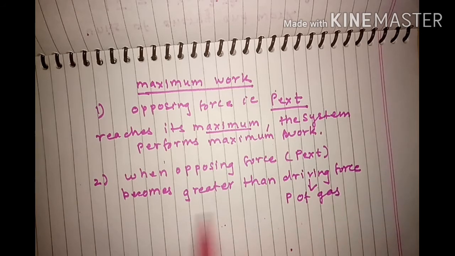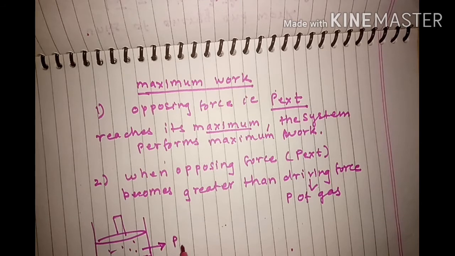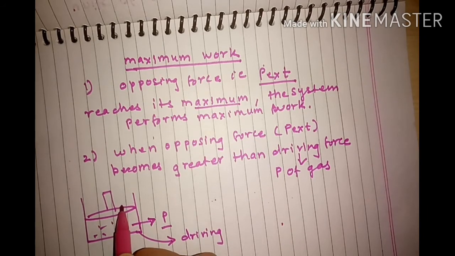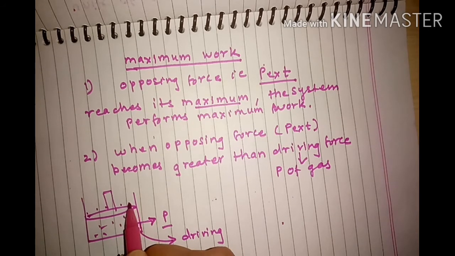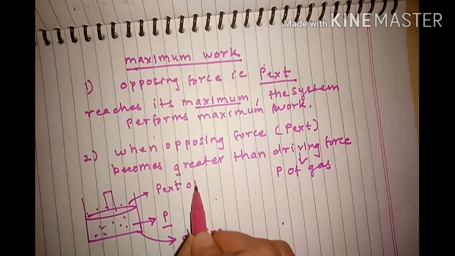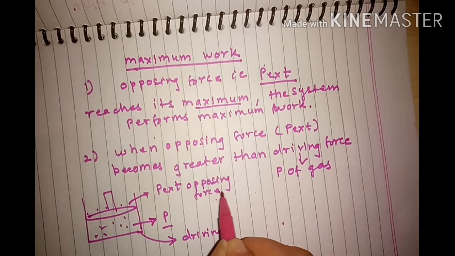If you take a container with a sample of gas and it is fitted with a piston, this gas has its own pressure, which is called the driving force. And if you put some mass over here, that can be called the external pressure or the opposing force.